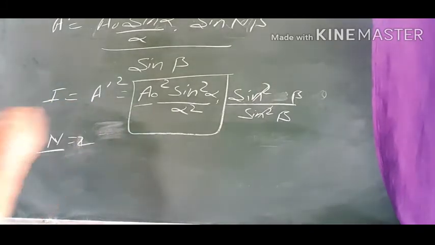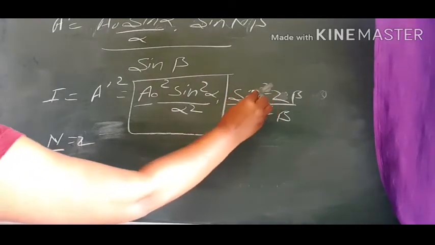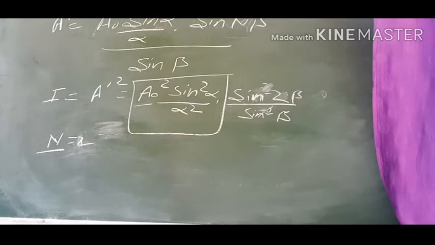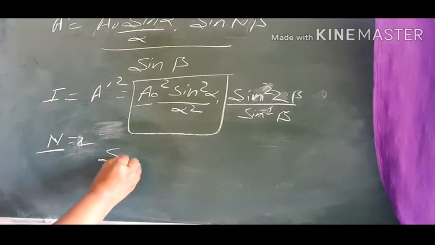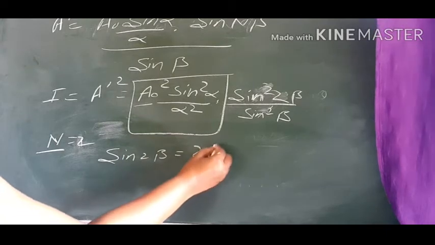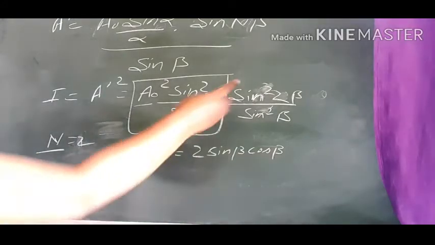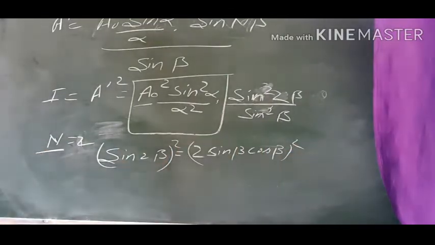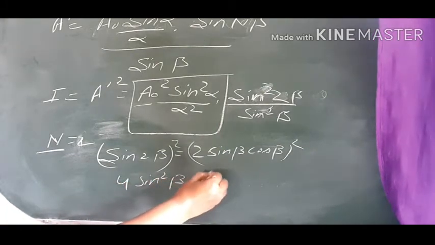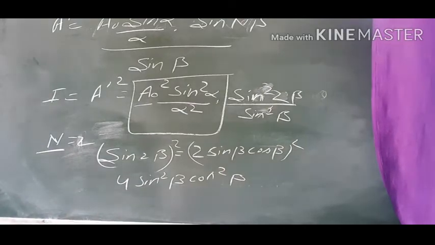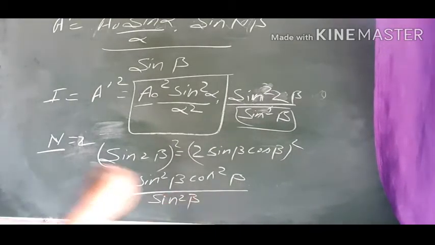If N is equal to 2, then we have sin square 2 beta, and we can write sin 2 beta as 2 sin beta cos beta, and its square as 4 sin square beta cos square beta, divided by sin square beta.